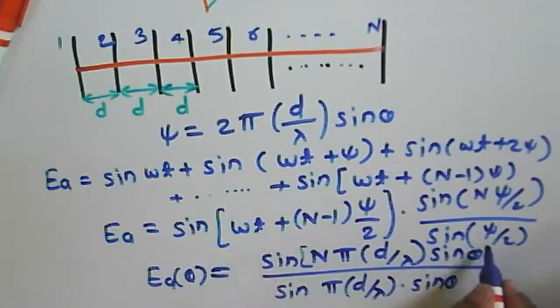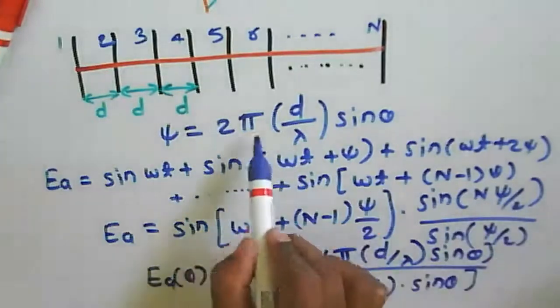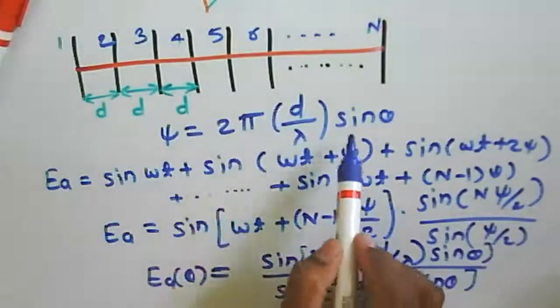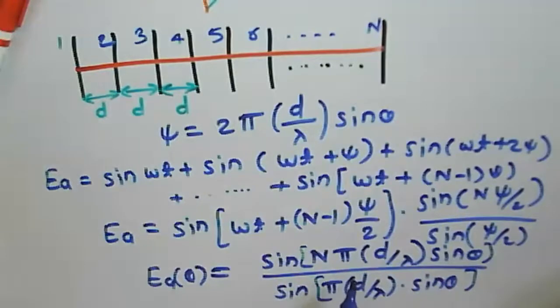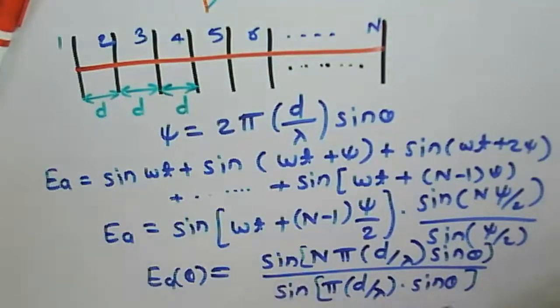Now in this case, this term, n psi by 2, that psi by 2 we have replaced with pi d by lambda into sine of theta. So we are replacing this term so that we are getting a radiation pattern, E of theta is equal to sine of n pi d by lambda sine theta.